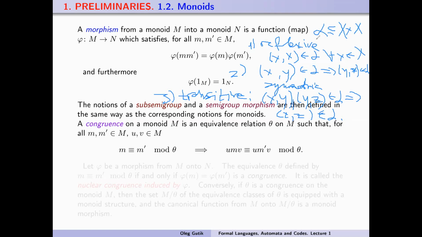Also, when theta is an equivalence relation on the set M, we shall write m is equivalent to m prime modulo theta, yeah, in this way.